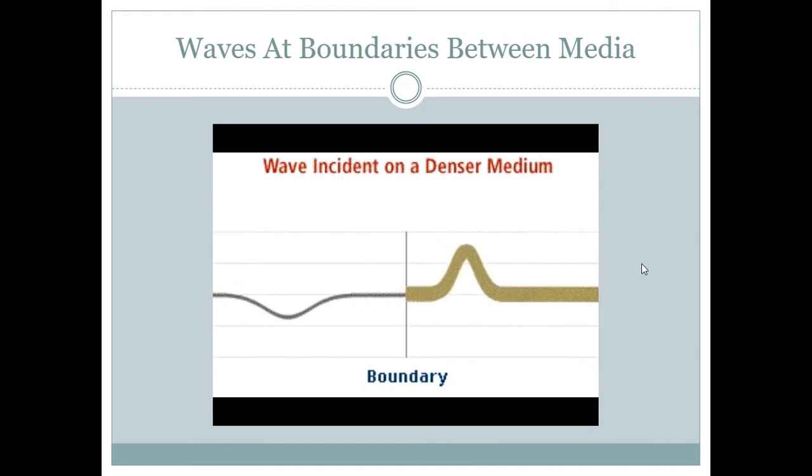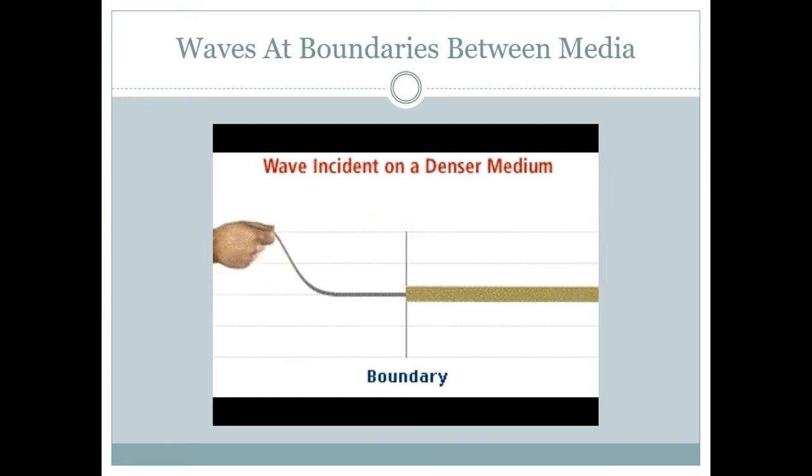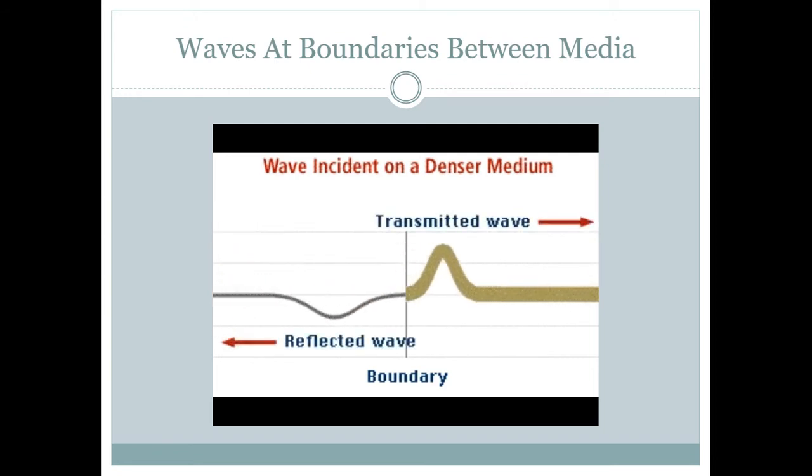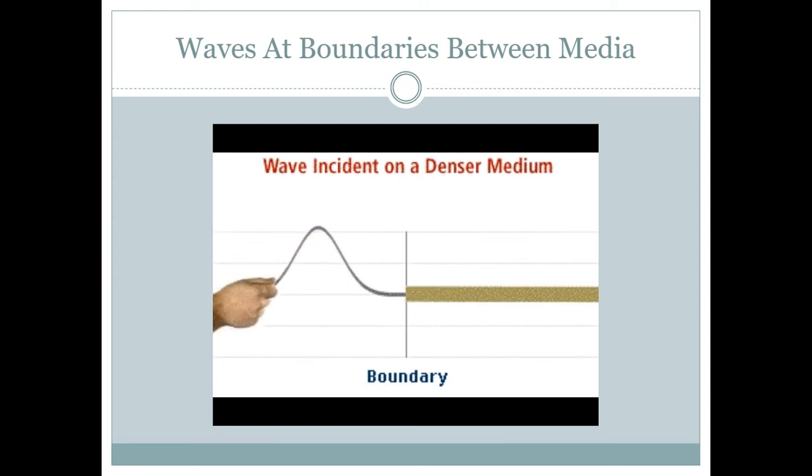When a wave pulse traveling on a thin string meets a thick string, the thick string lifts slightly, generating a transmitted wave. Because the thick string has greater inertia, neither the speed nor the amplitude of the transmitted wave are as great as that of the initial wave.